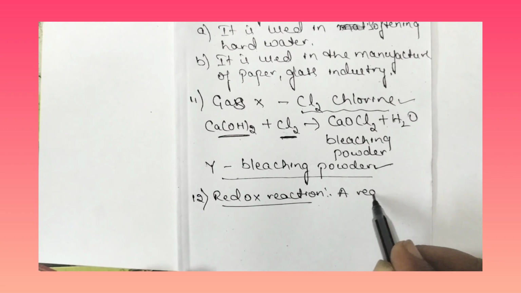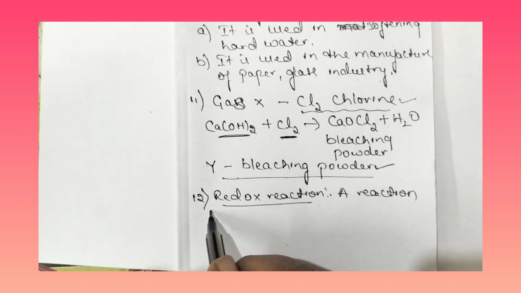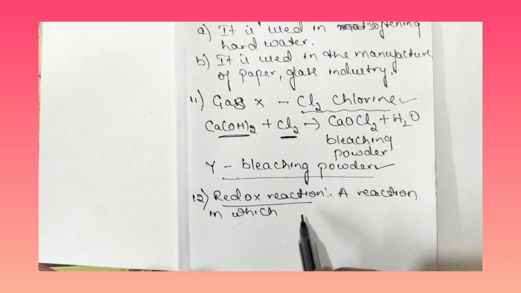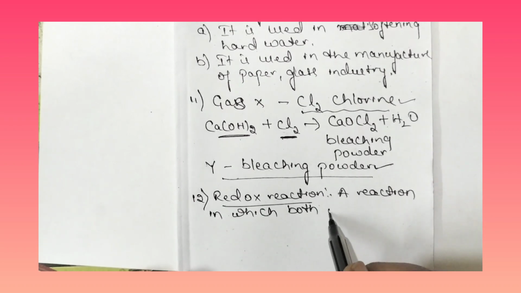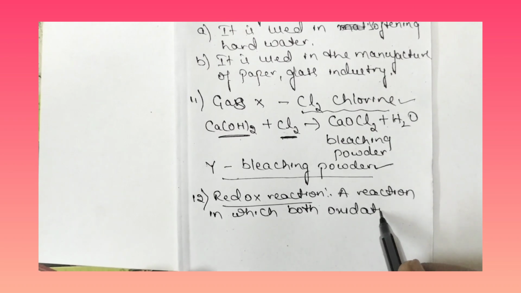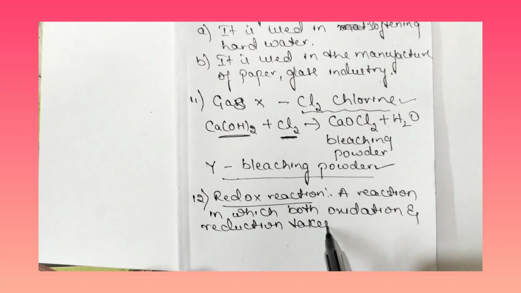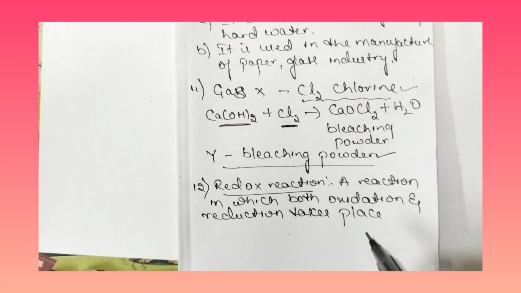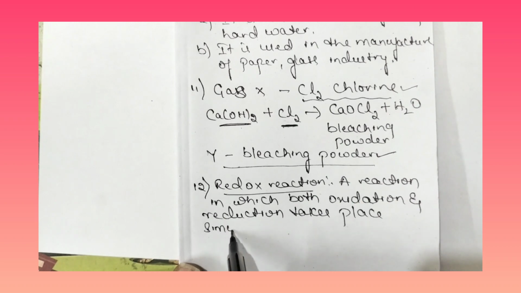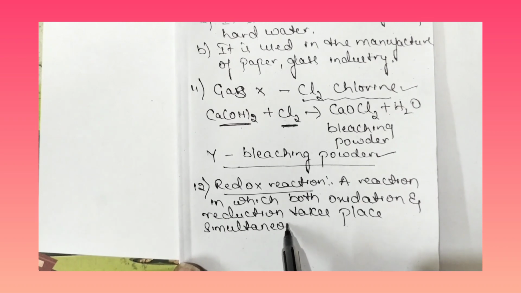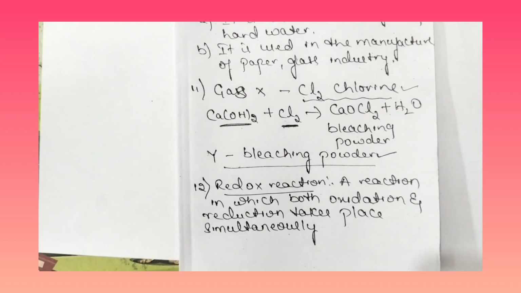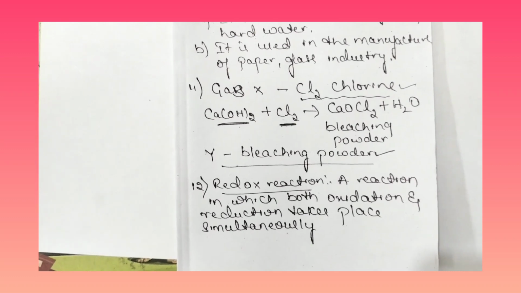A reaction in which both oxidation and reduction takes place simultaneously. So if both oxidation and reduction take place simultaneously, such a reaction is called redox reaction. So both will take place simultaneously. So this is the answer for the first question.